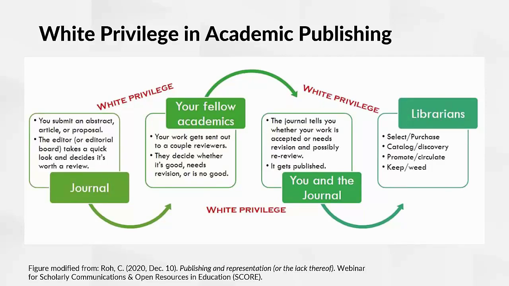Then white privilege, right? The journal tells you whether your work is accepted. The journal gets to decide as well, after peer reviewers look at it, whether it gets published. And then finally, librarians, right?